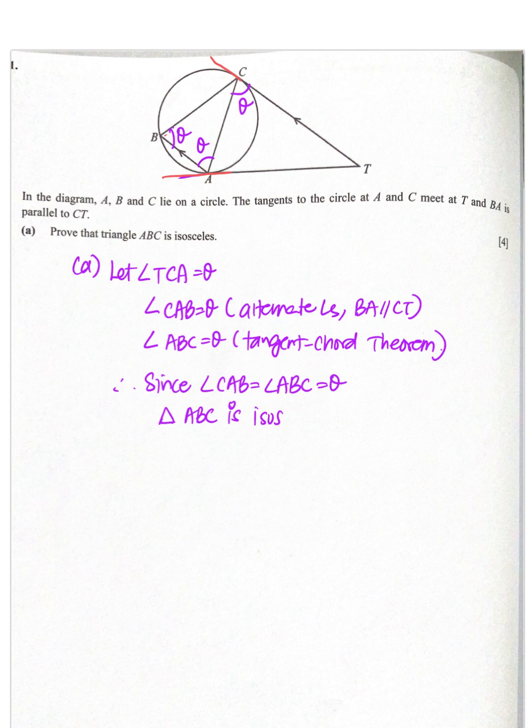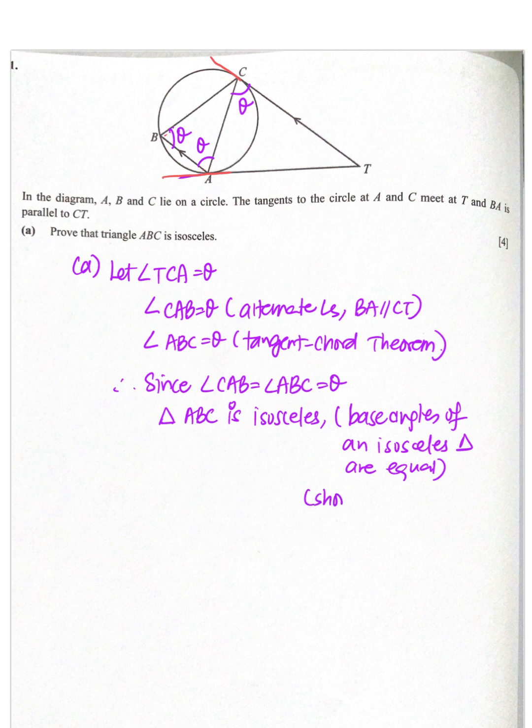Isosceles. Okay? Right? So base angles of an isosceles triangle are equal. Okay, so shown. And how would they mark it?